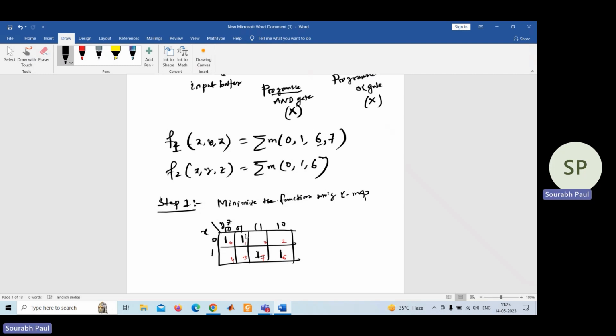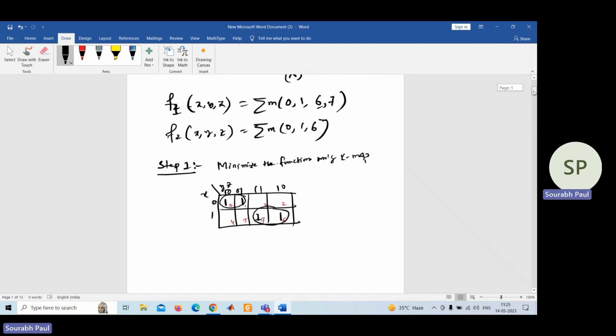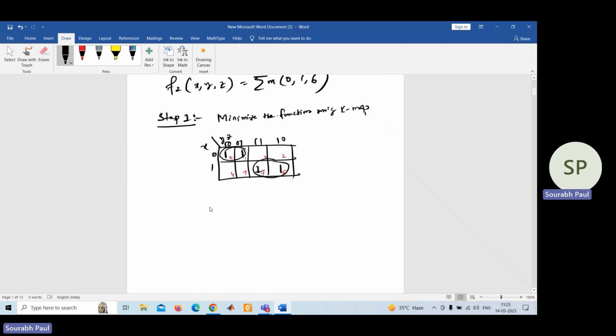So we can combine these two and we can combine these two to write the minimized expression. If we combine these two, what will we get? F1 is nothing but, from the left side it is X bar, and from the top this is Y bar. And if you combine these other two, what will you get? From the left side this is X, and from the top it is Y only.